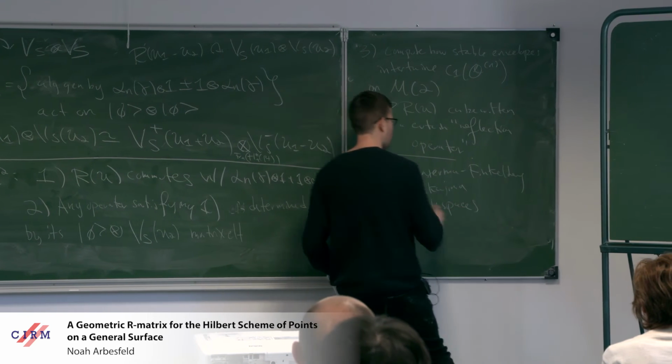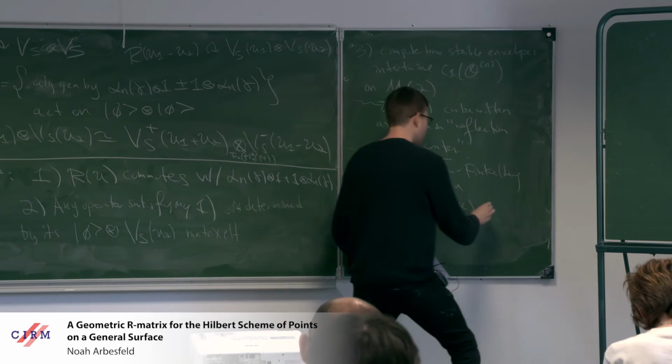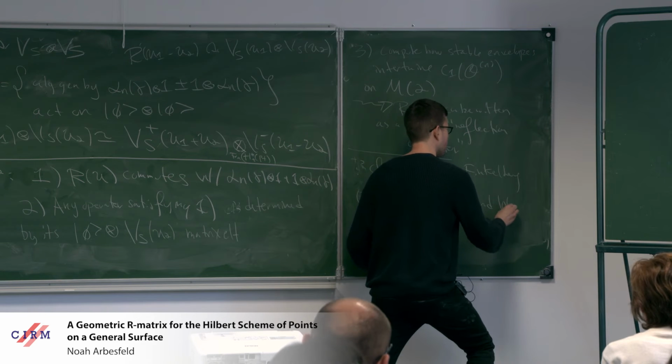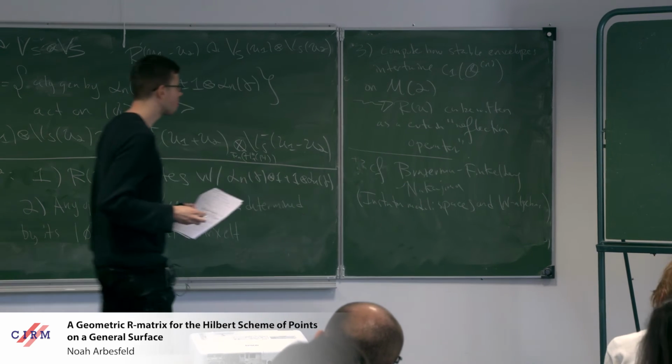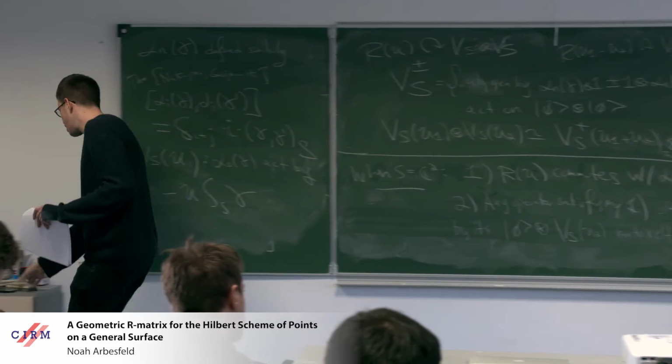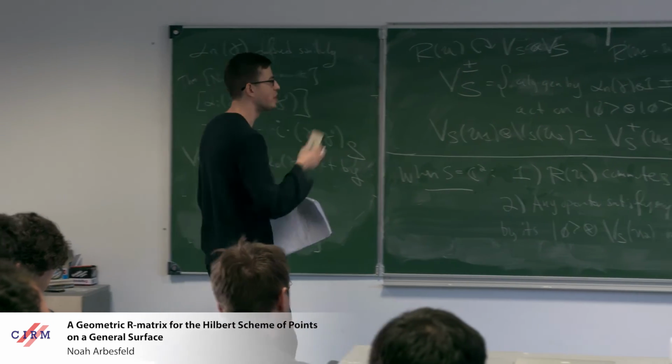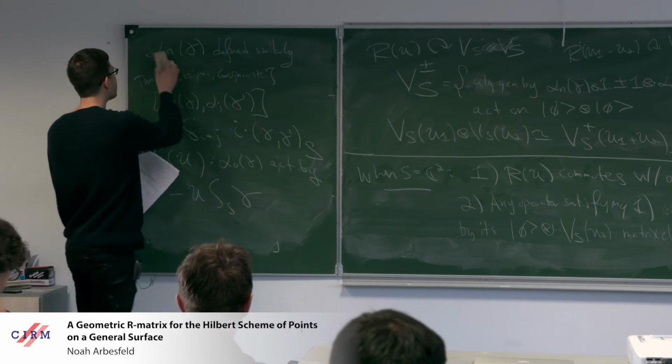So there's lots of papers with these three authors. This one is called Instanton moduli spaces and W algebras. And so far, these are the only two places where I've seen this construction used.